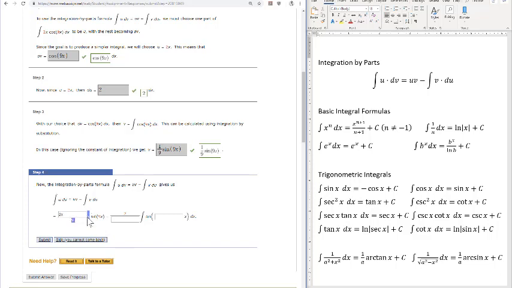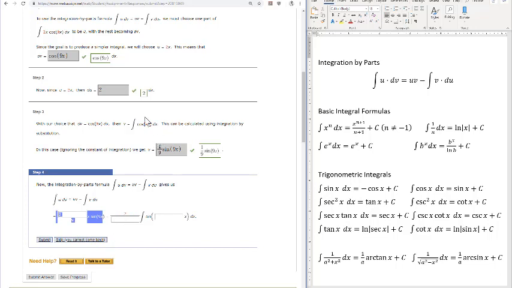Well, it looks like the x is already there, so let's take this x out. And then we have a 1/9 sine 9x, so the 9 is down here, sine 9x. So this completes the u times v portion of the integration by parts.